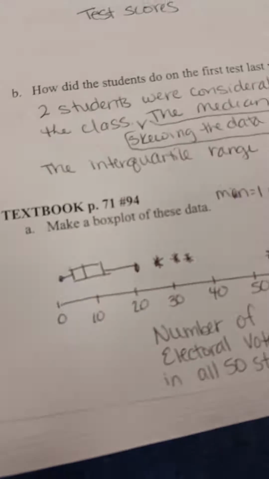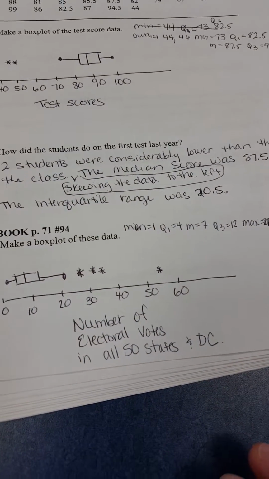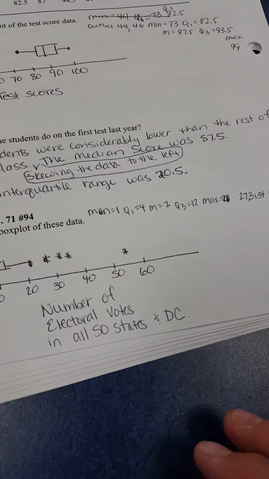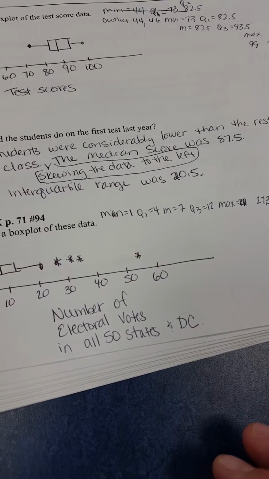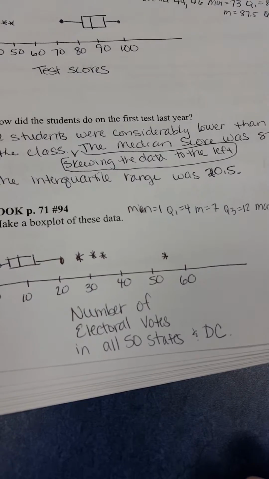So now, how did the students do on the first test last year? So we can look and see that two students were considerably lower than the rest of the class. The median was 87.5, skewing the data to the left, and the interquartile range was 20.5.